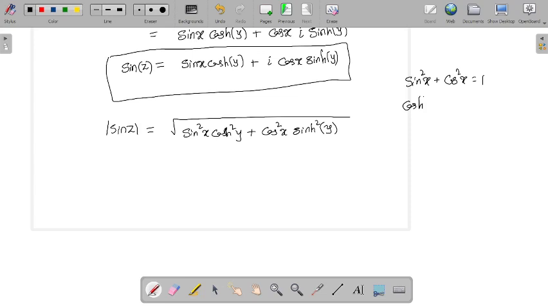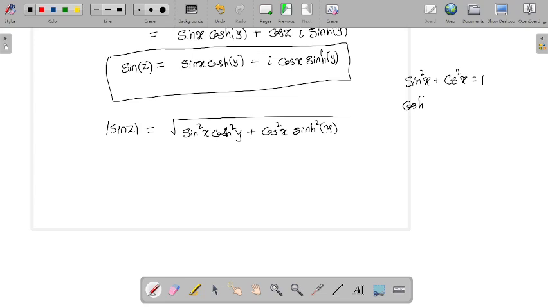So therefore you can see that cosh square x is nothing but 1 plus sinh square x. Now let me replace cosh square with that.